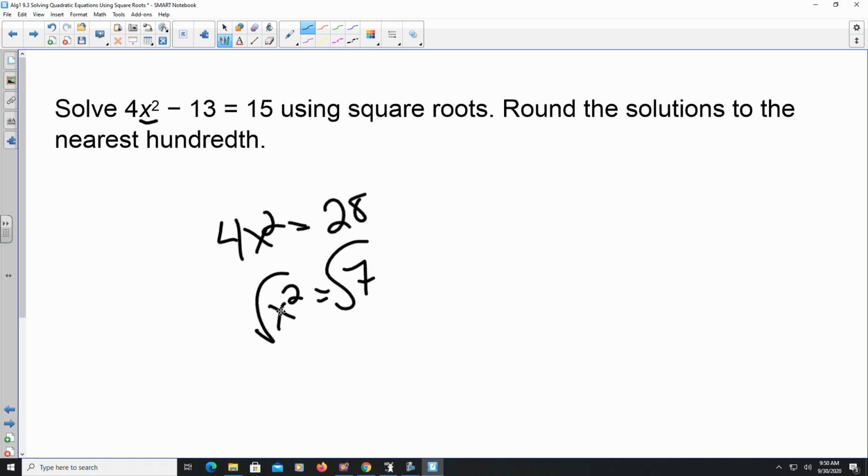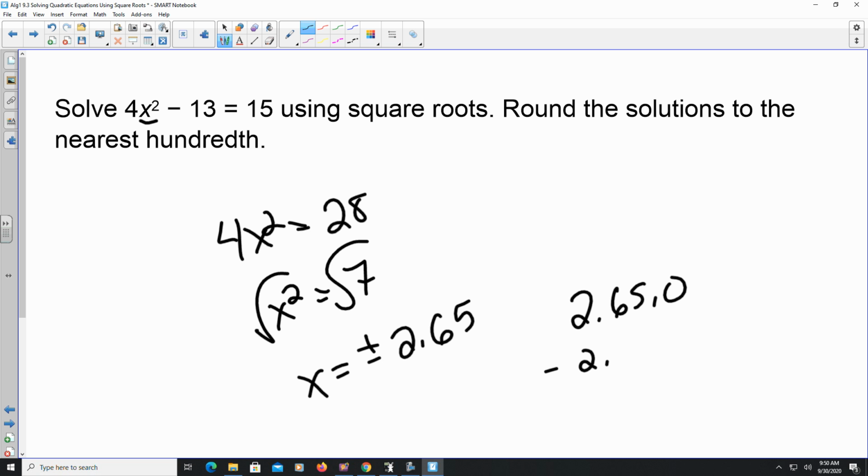The square root of 7, looks like x is going to be equal to about plus or minus 2.65. Hundredths is two decimal places. So my two x-intercepts would be positive 2.65 comma 0 and negative 2.65 comma 0.